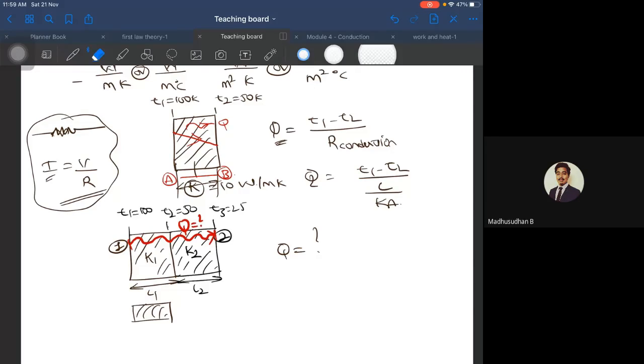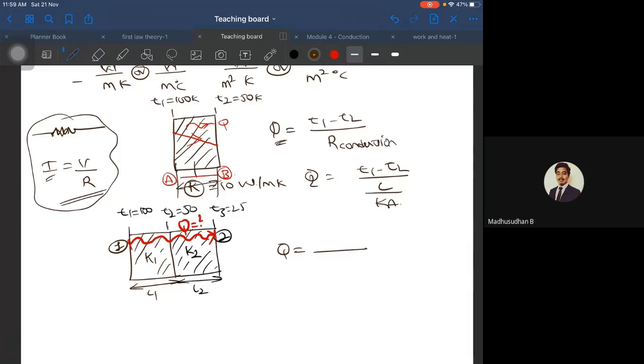Karthik, your and Rakshan's answer might be correct. I'm not saying it is wrong, but I will try to apply it from this point to this point, treating this as a whole slab now. Let's check that.